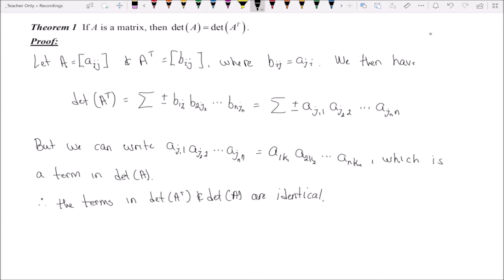All we have to do now is show that the signs of corresponding terms are identical.